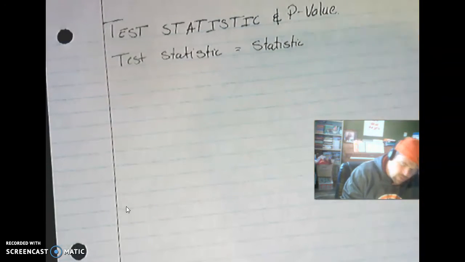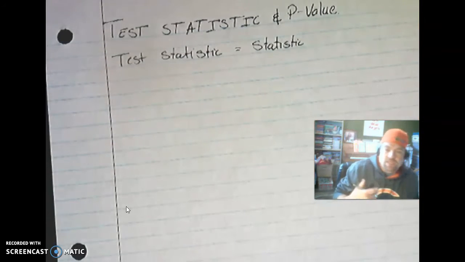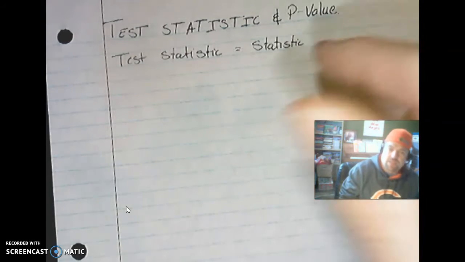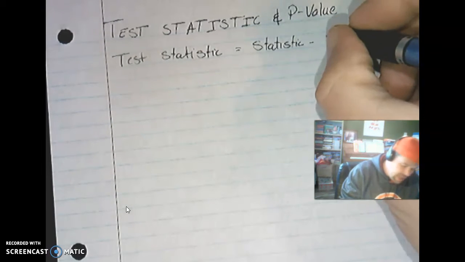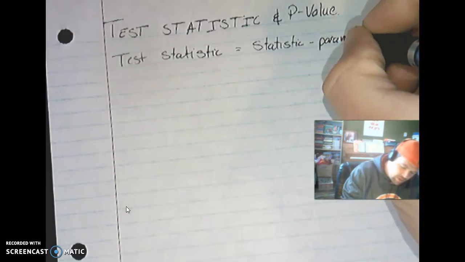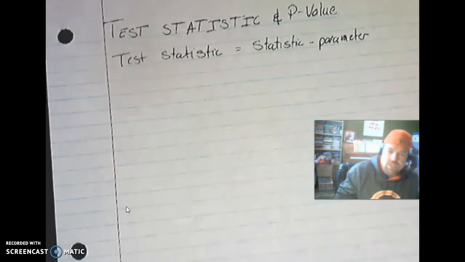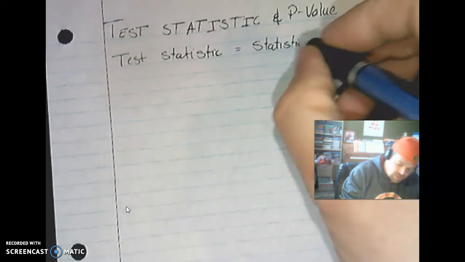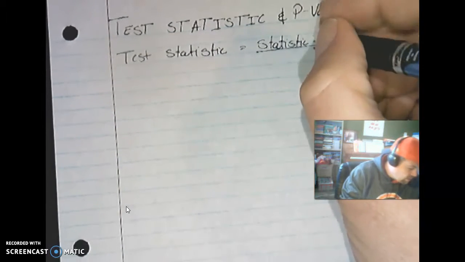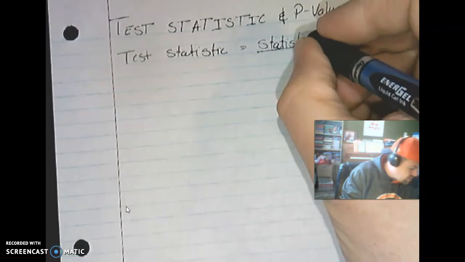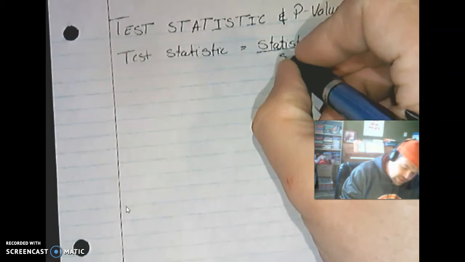When we do our data set and find the mean, that's going to be our statistic. Then we're going to have our parameter, and the parameter is going to come from our null and alternative hypothesis.